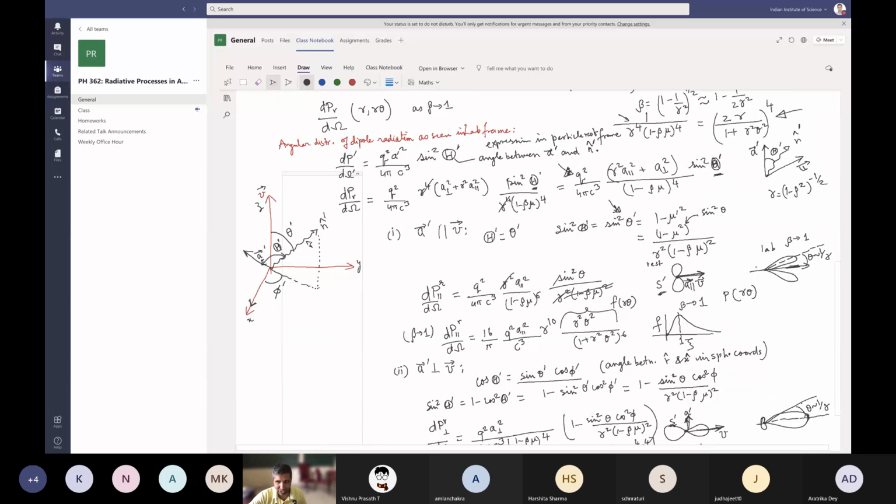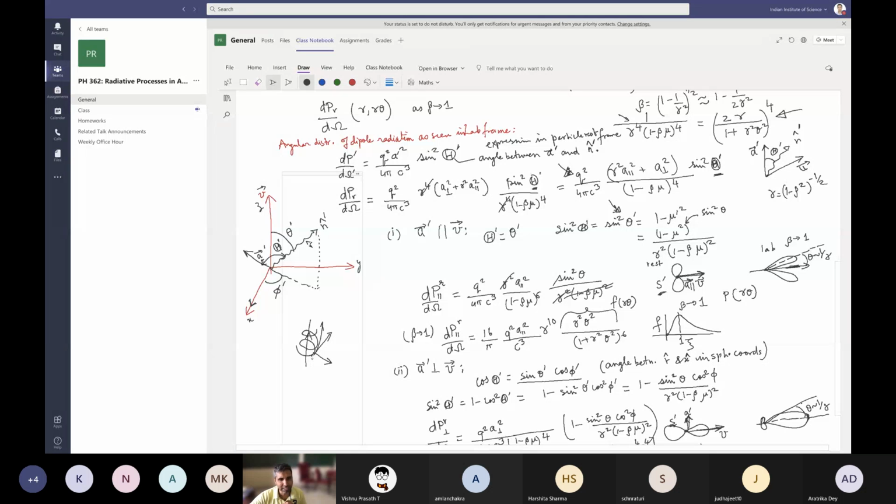We'll be using this when we do synchrotron emission, which is emission due to relativistic particles. If you have magnetic fields like this, and relativistic particles going around the magnetic field, you are looking at radiation along different directions.